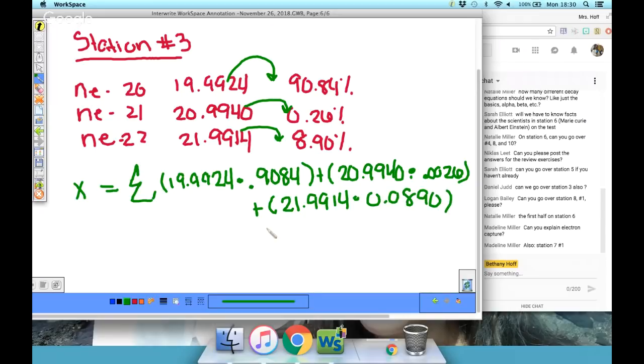If we add those all together, we get 20.18 AMUs. So that would be my average atomic mass for neon based off of that data.